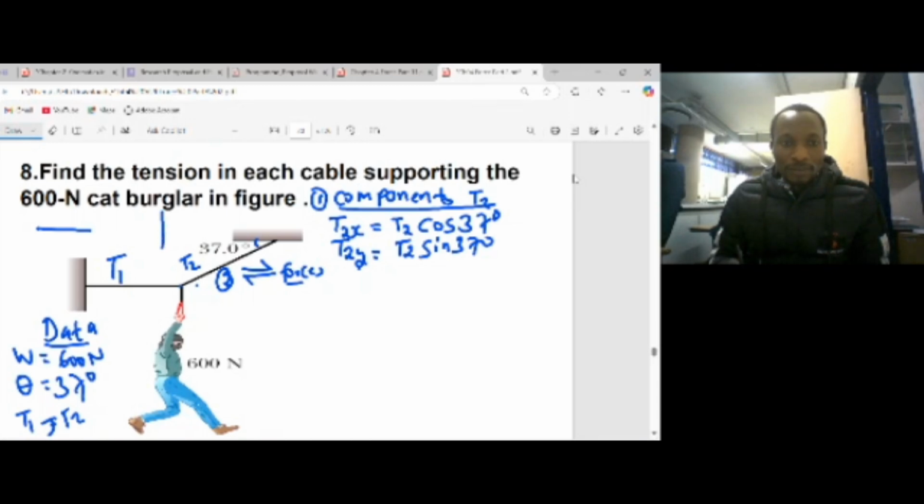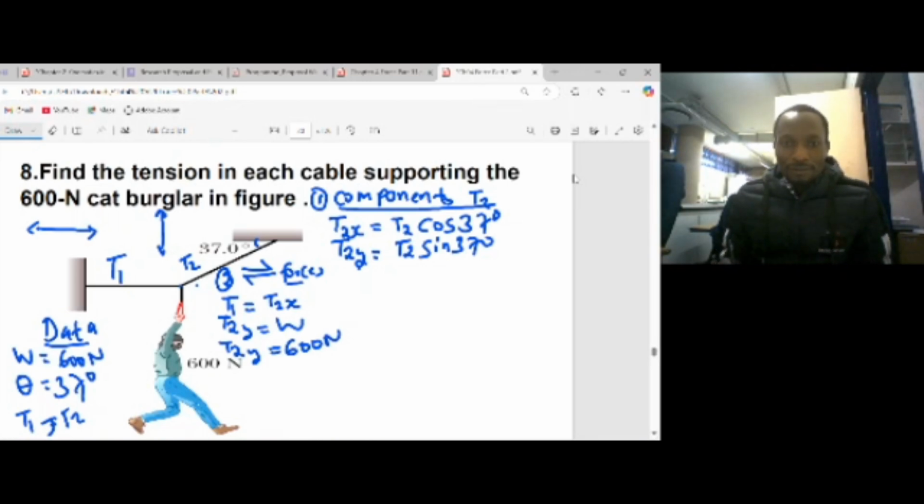When we look at horizontal forces, we have T1, which is on the x-axis. We say T1 is in equilibrium with T2x because all of them are on the x-axis. For the vertical forces, T2y is in equilibrium with the weight, and so that makes T2y equal to 600 Newton, because we have been told that the weight of the cat burglar is 600 Newton.